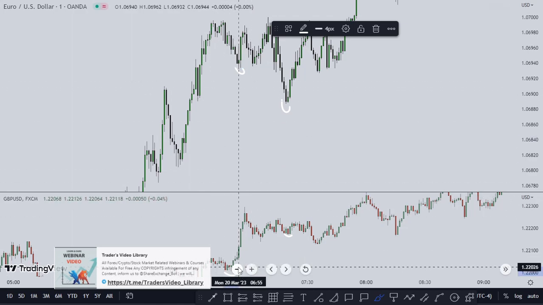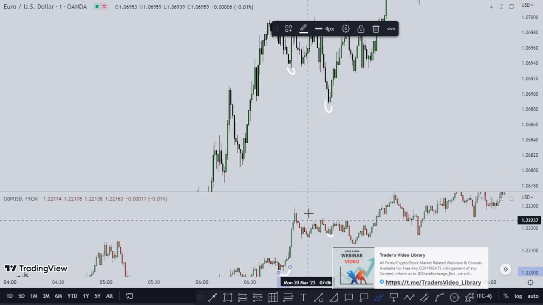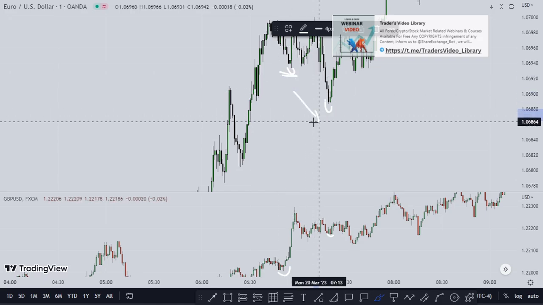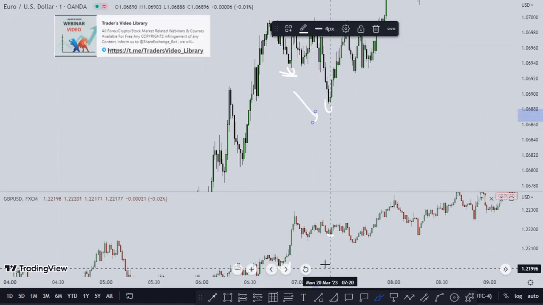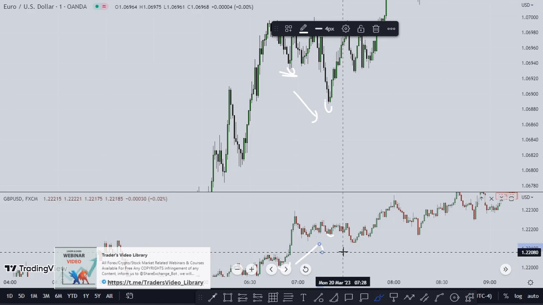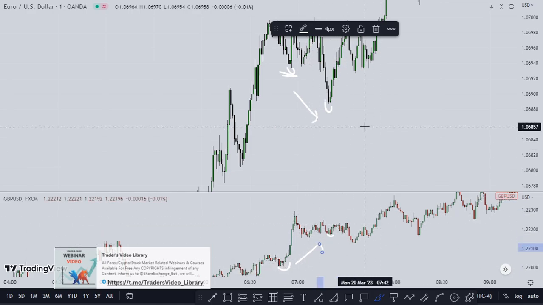This swing low is lower than this, but here this swing low is higher than previous swing low. So that's the SMT, smart money tool.